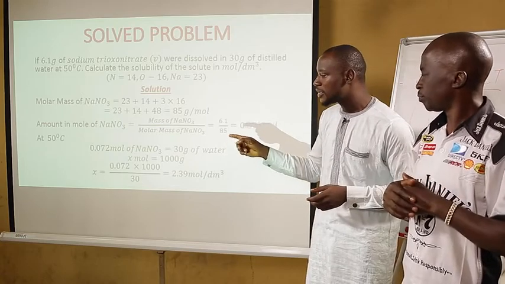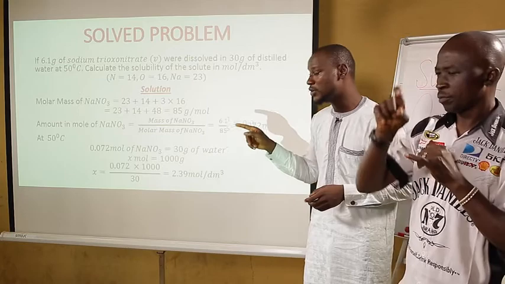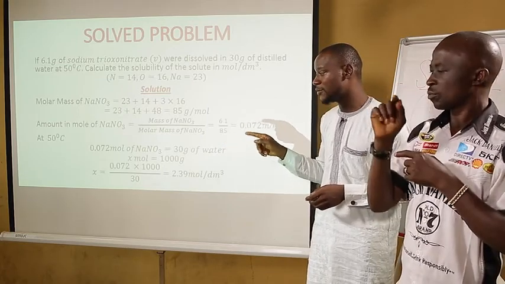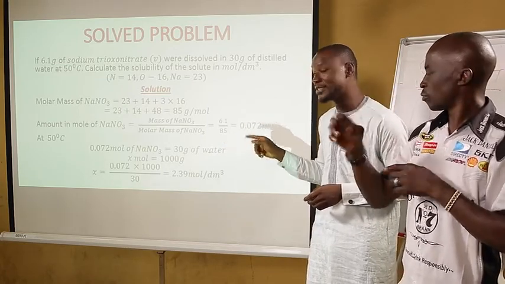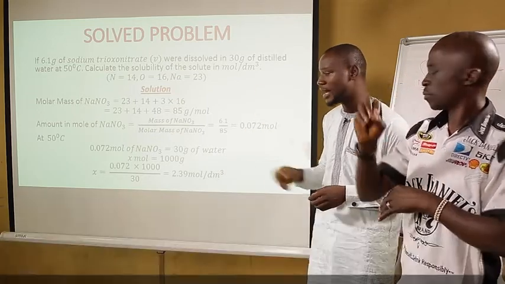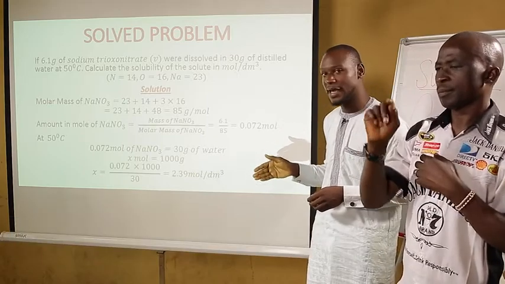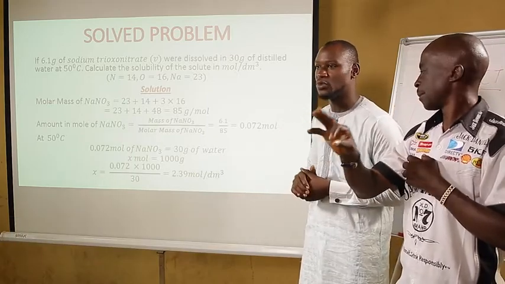So now, using the ratio proportion method, x is equal to the amount in moles, which is 0.072, times 1,000, which is the factor, all divided by 30, which is the grams of water given. And then when you do your calculations very well, you end up having 2.39 moles per dm cube.